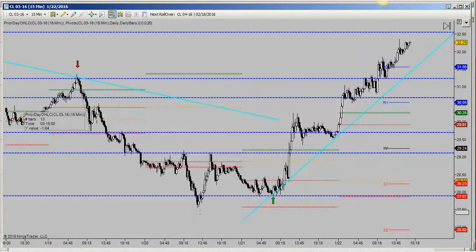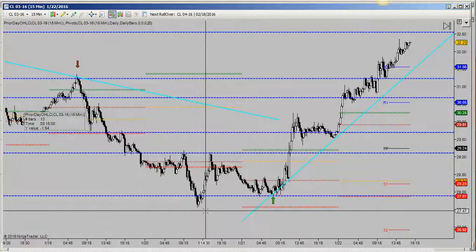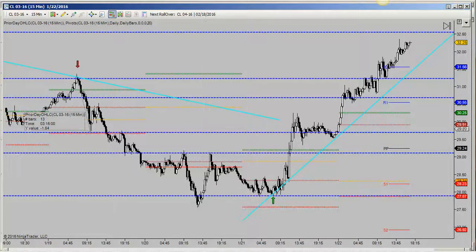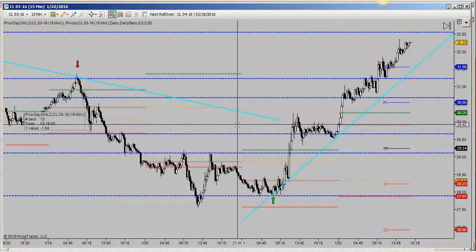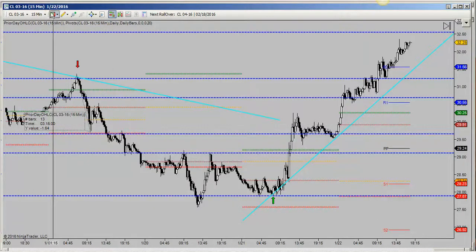So as you can see, we're playing a game of supply and resistance, and when you know where those levels are, you know where institutions, banks, big players are placing their money, and you move in, you move with them basically.